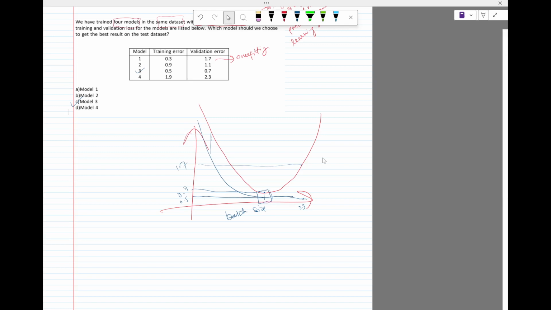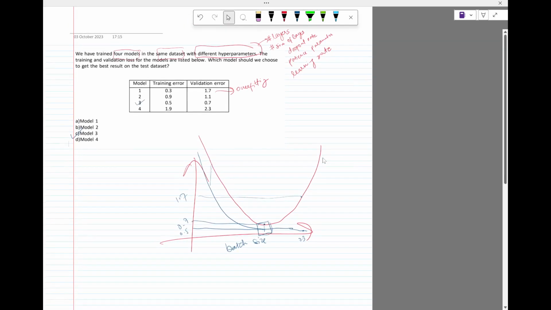But the other things like learning rate, batch size, the number of layers, size of the layers, dropout rate, these are hyperparameters which you tune by creating different models and looking at the validation error, trying out multiple different values for the hyperparameters.